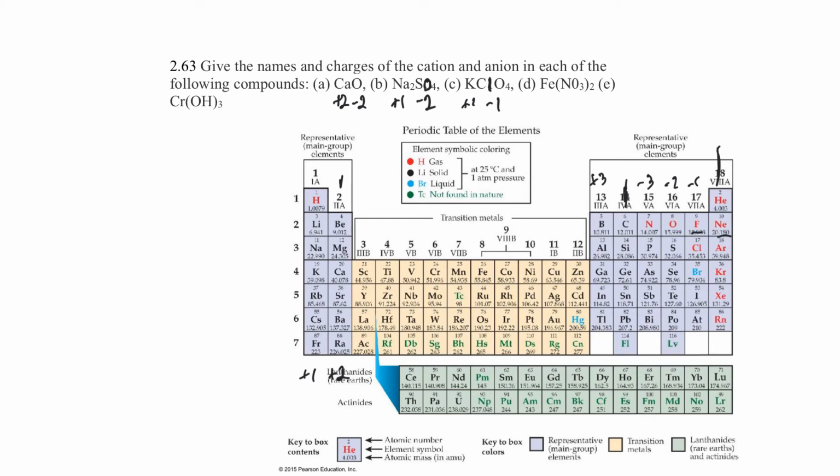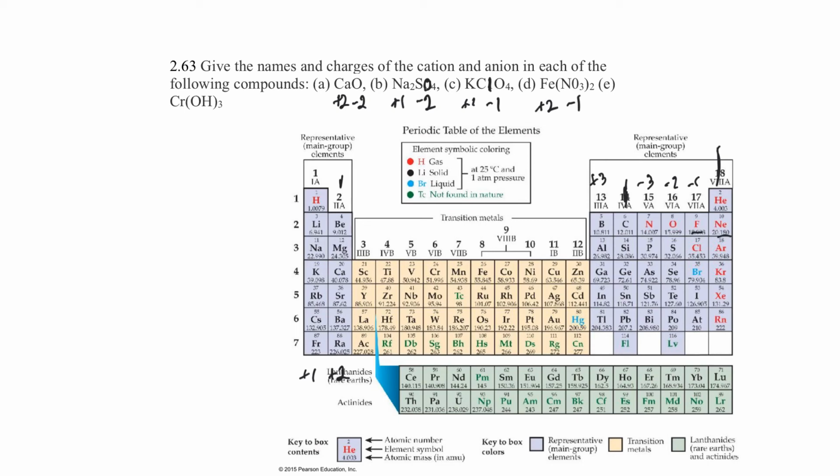You can have iron 2, iron 3, etc. So it's hard to tell what it is, but if you knew that nitrate, NO3, was -1, and there are 2 nitrates, there are 2 of these -1s. That means that the iron has to be +2. So this is iron 2.